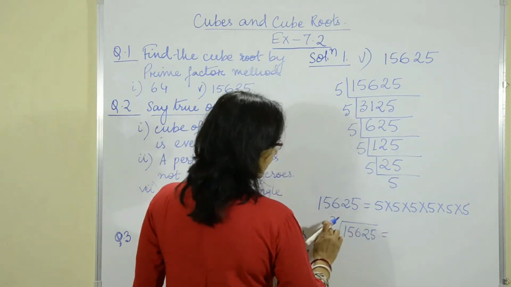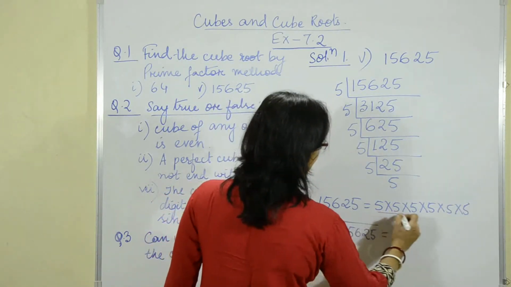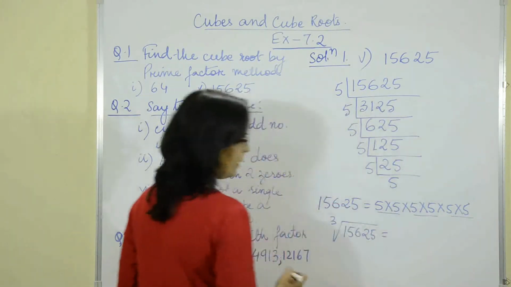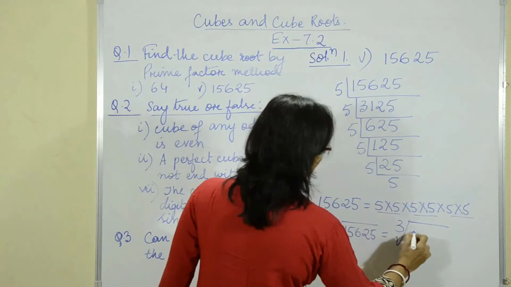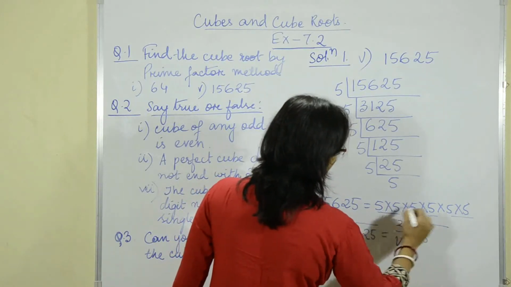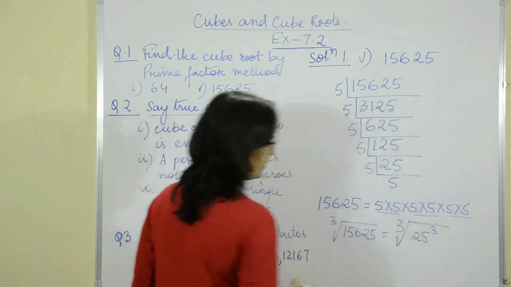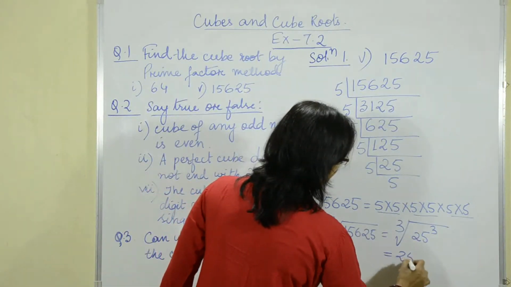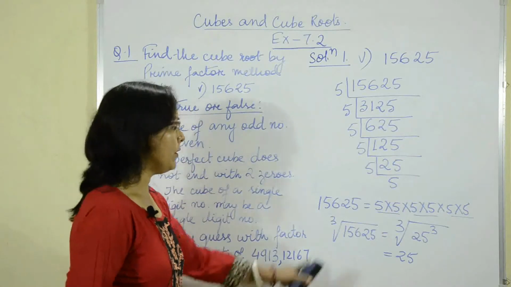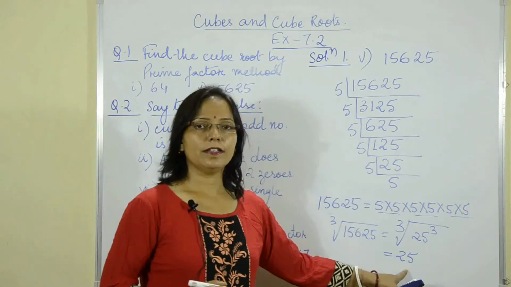I need the same number 3 times, so this is how I can group them. So how will I write? 5 into 5 is 25 to the power 3, since there are 3 groups. This 3 and this 3 cancel out and the answer is 25. So the cube root of this particular number is 25.